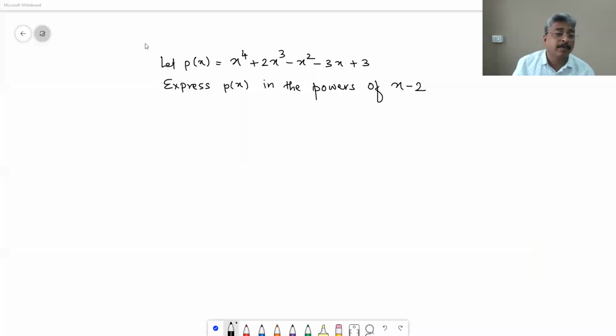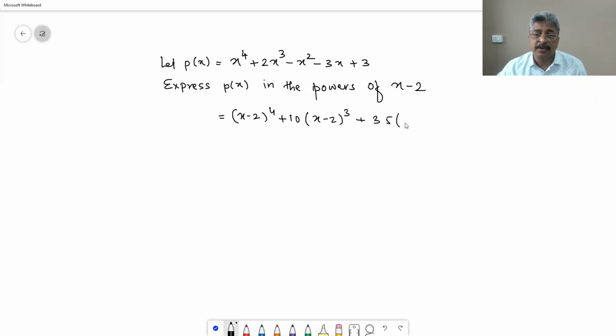Now, this can be expressed as P of x equals x minus 2 raised to 4 plus 10 into x minus 2 raised to 3 plus 35 into x minus 2 raised to 2 plus 49 into x minus 2 plus 25.